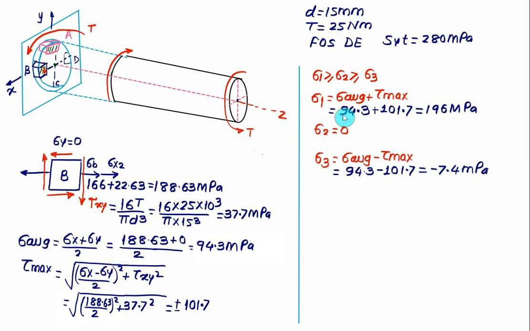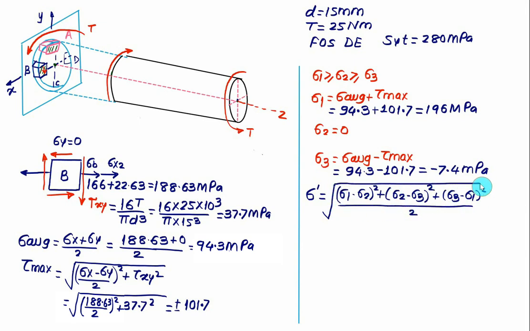Using sigma 1, sigma 2, sigma 3, we can calculate the von Mises stress, which is given as sigma prime equal to under root of [(sigma 1 minus sigma 2) whole square plus (sigma 2 minus sigma 3) whole square plus (sigma 3 minus sigma 1) whole square], everything divided by 2. Take the under root sign.